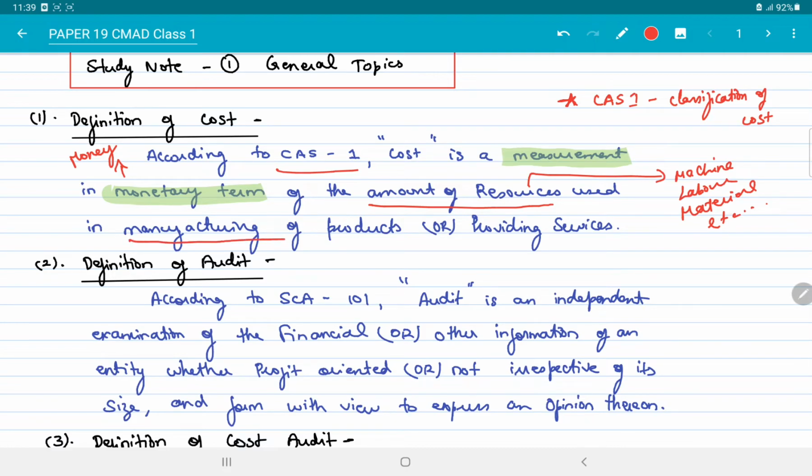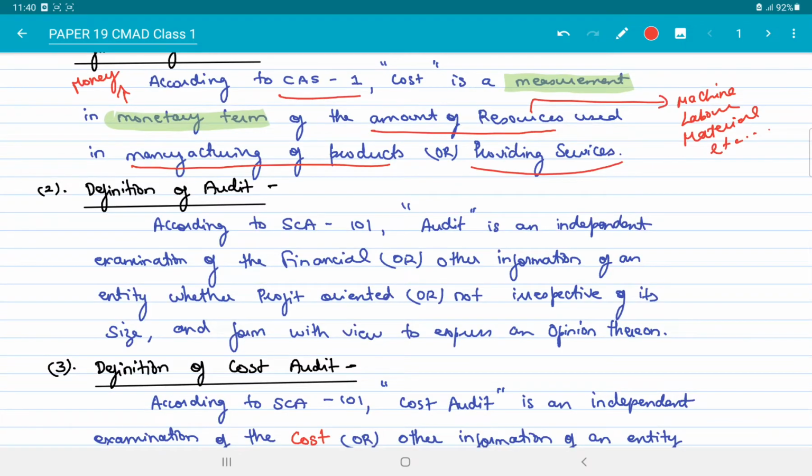In manufacturing of products or providing services. So according to CAS 1, cost is a measurement in monetary terms of the amount of resources used in manufacturing of products or providing services.